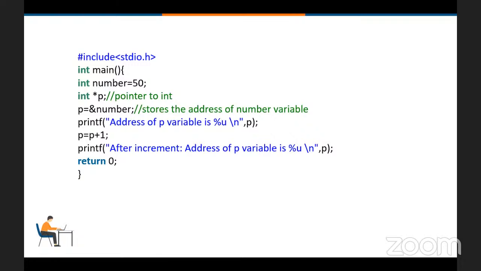Please chat. If the address value in the variable p is 1000, after increasing by 1, what is your output? Is it 1001 or what? I need quick responses in the chat window.